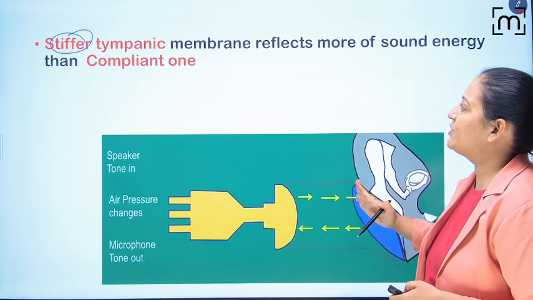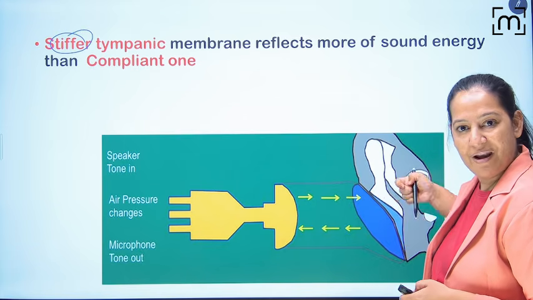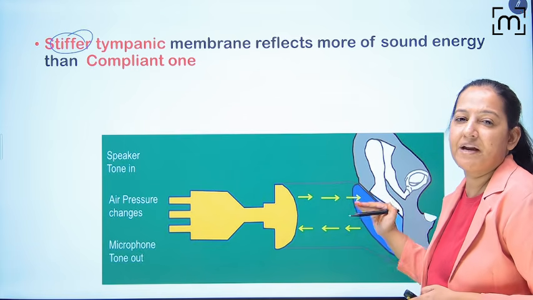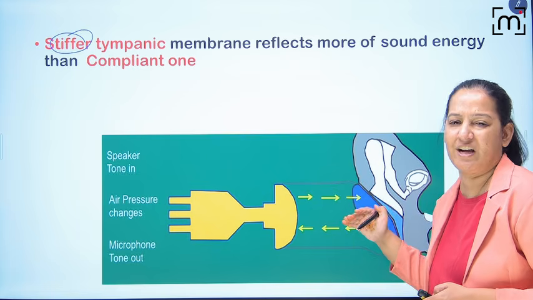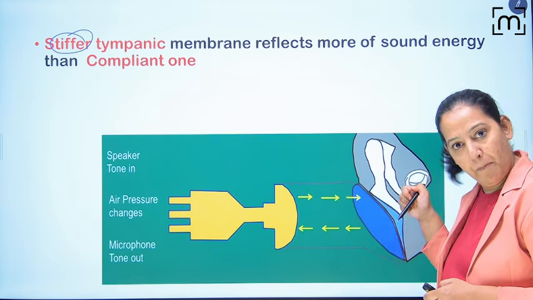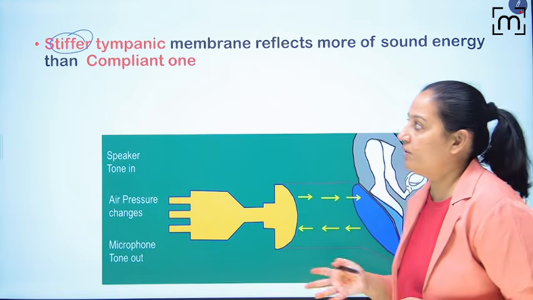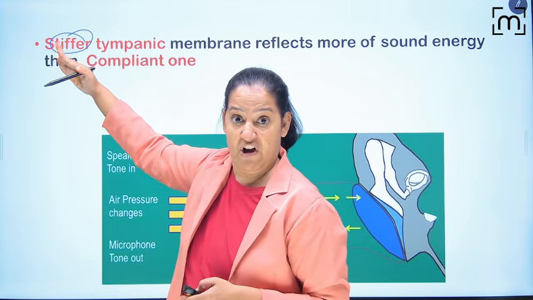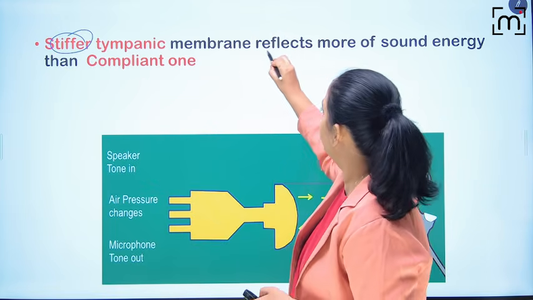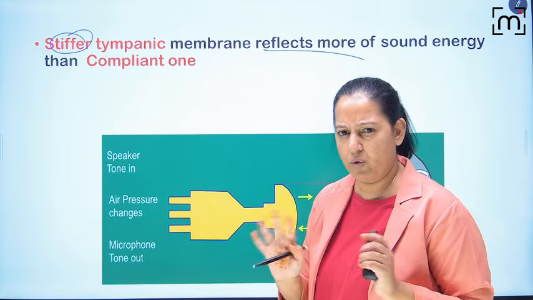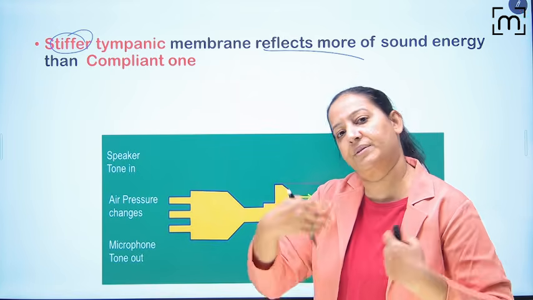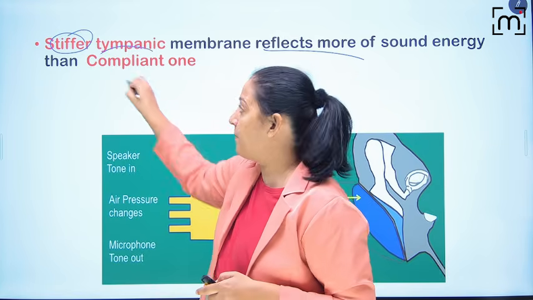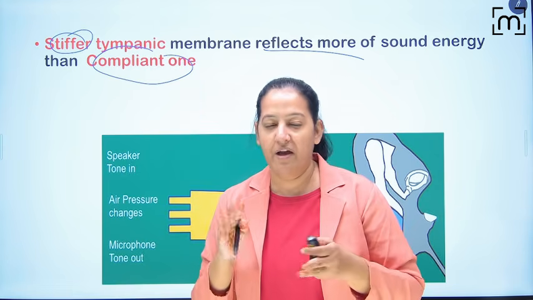If the tympanic membrane is very hard, it absorbs less and reflects more. But if the tympanic membrane is loose, fluctuant, it absorbs more and reflects less. Hard things don't absorb, hard things just reflect. But if it is the compliant one, it absorbs more and reflects less.